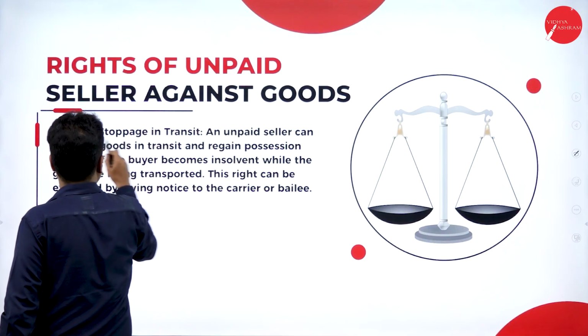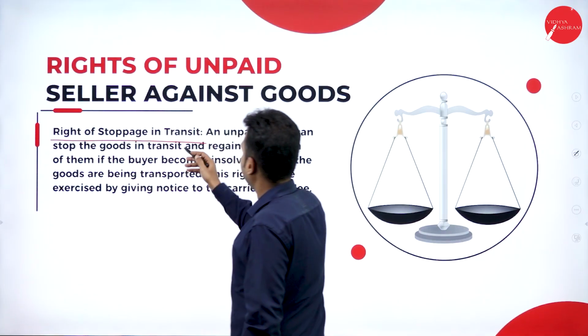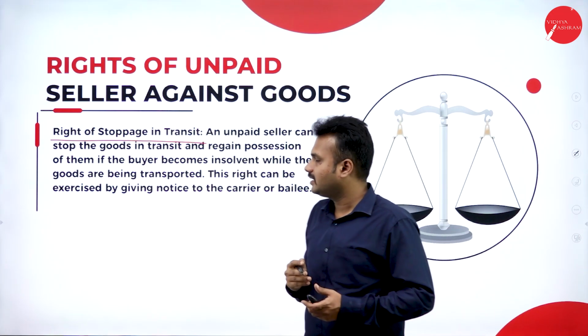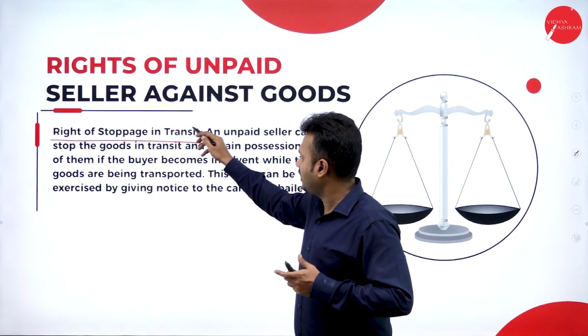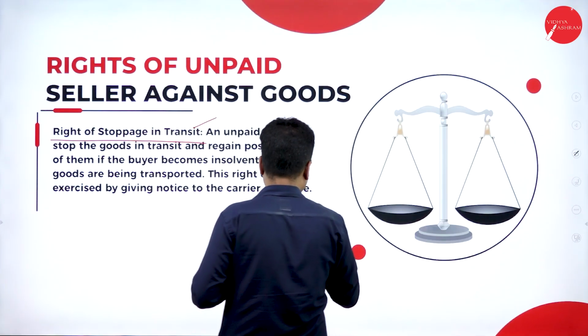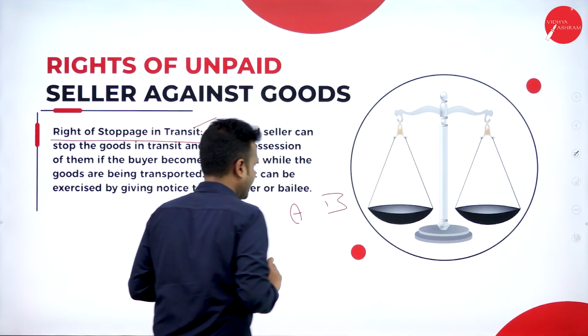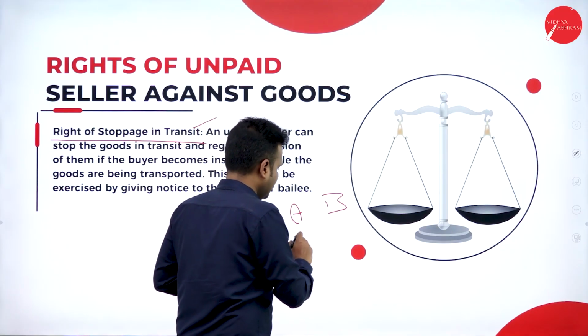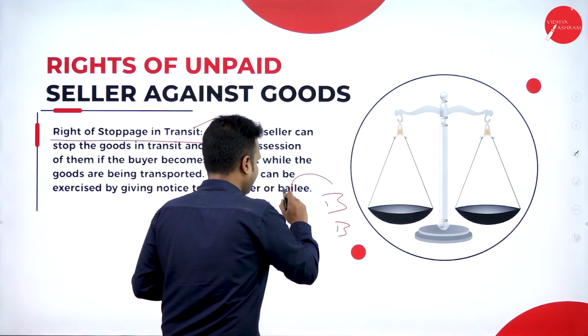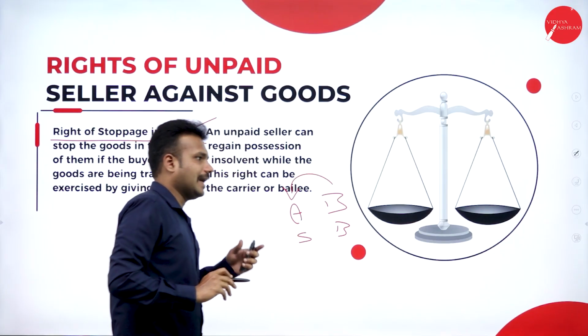Right of stopping in transit. Right of stoppage in transit. This transit is nothing but the transaction which is going to happen. There are two parties, Mr. A and Mr. B. Mr. A is a seller and Mr. B is a buyer, again the same thing. B had paid a part of the amount as an advance.